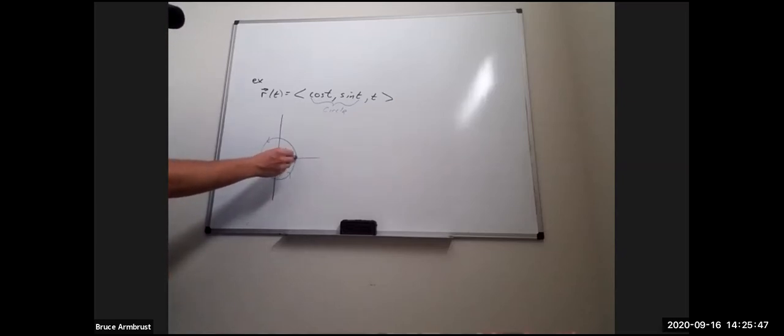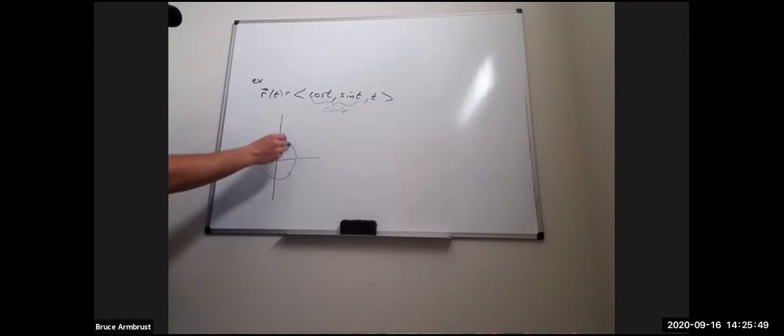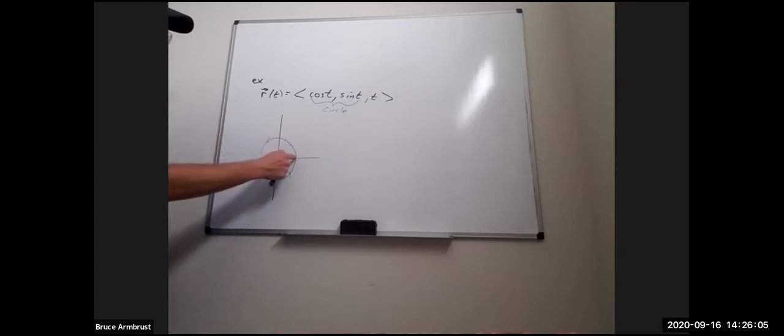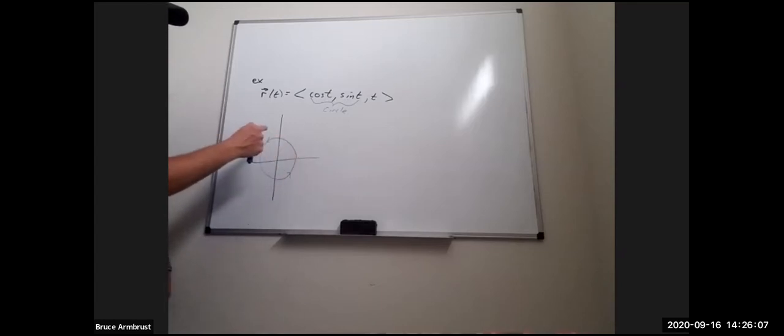As t progresses, I'm going to start rotating, but I'm also going to be coming out of the board. So by the time I'm above this point right here, pi over 2, 1.57, my z is 1.57. I started here, and I've come out this far.